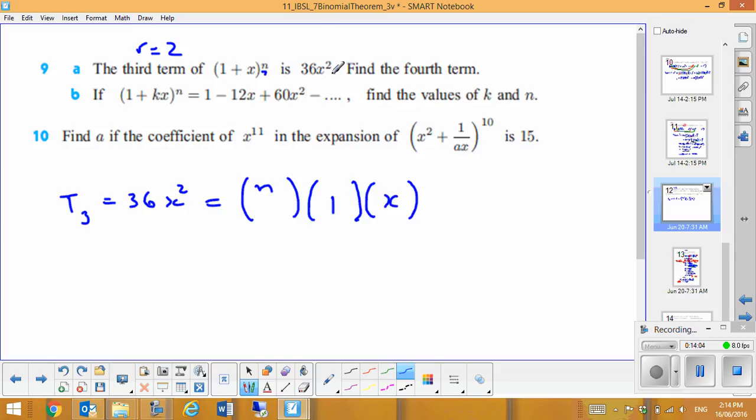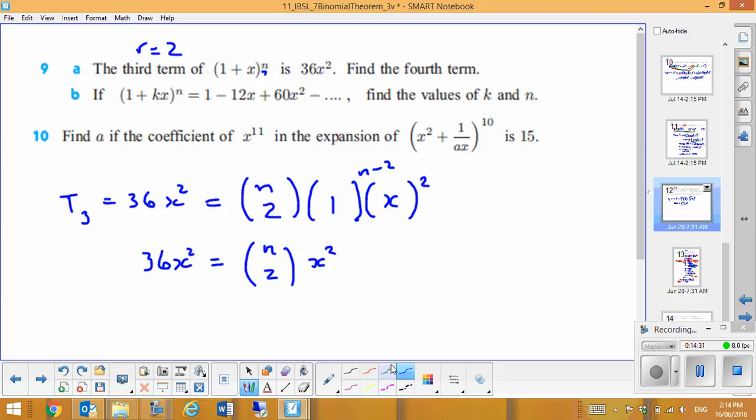If this is x squared, then this must be a 2 here. We know r is equal to 2. If that's 2, then this here must be n minus 2. So 36x squared equals NC2. 1 to any power is 1, so we're left with x squared.